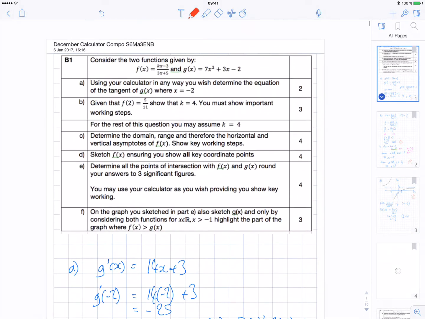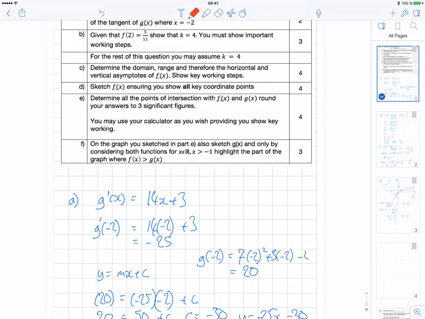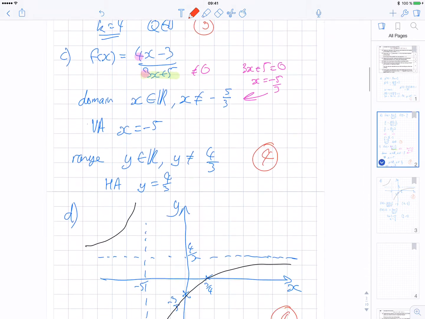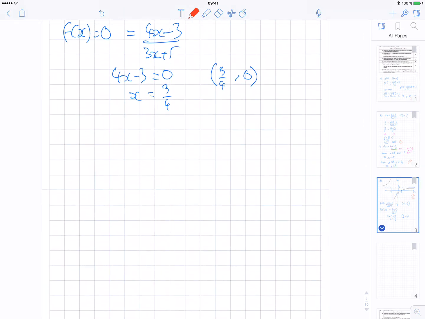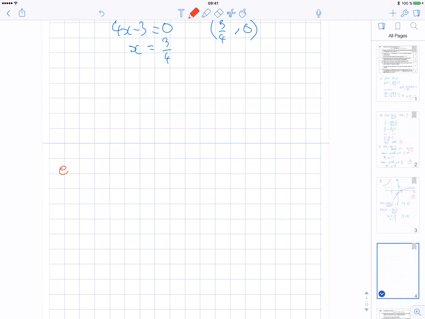So we're on to E. Determine all the points of intersection with f(x). Okay, so E. Oops, I don't want that in red, I want that in blue. So for f of x is equal to 4x minus 3 over 3x plus 5.